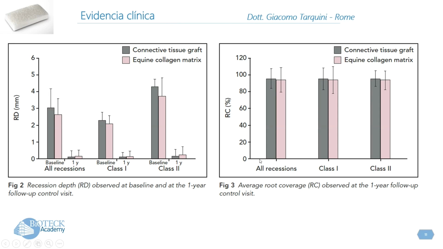At 1 year of follow-up, both Xenomatrix and the connective tissue graft worked well, but with the difference that with the connective tissue graft, the patient experiences the discomfort of the palate harvesting, with basically a hole that the patient has for some time, while in the case of Xenomatrix, this part is completely absent.